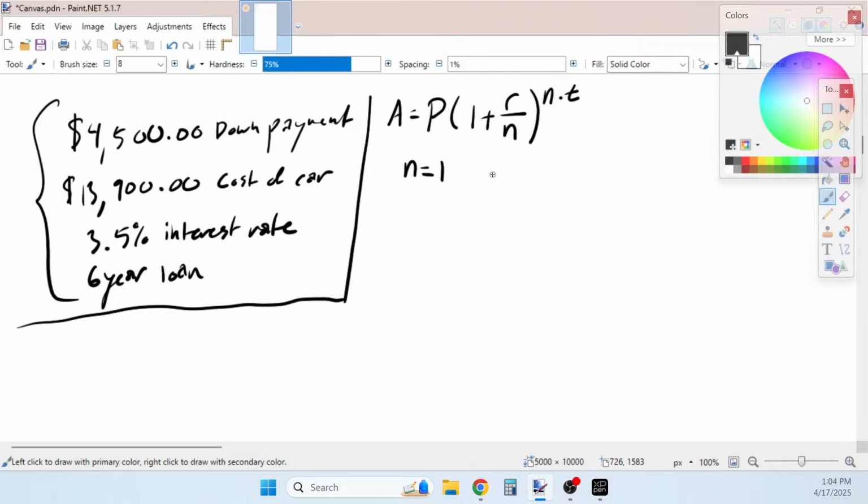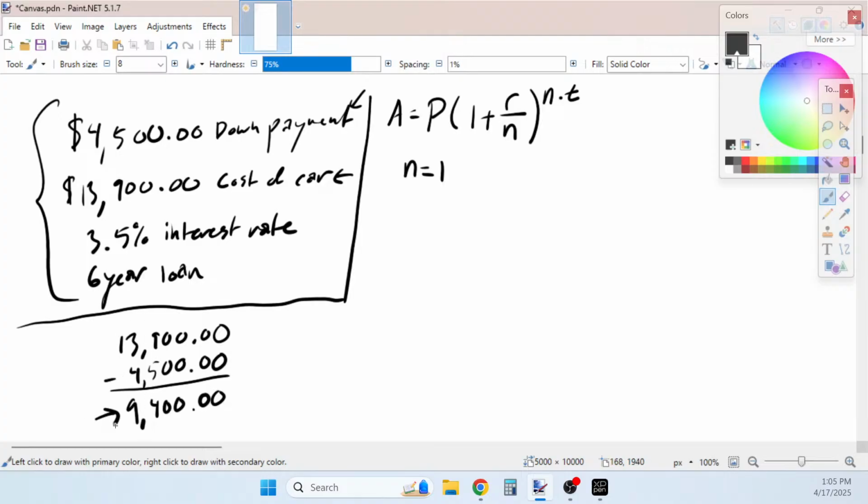And we're going to plug everything in. So the principal is going to be the cost of the car minus the down payment. So we get 13,900 minus 4,500, which is 9,400.